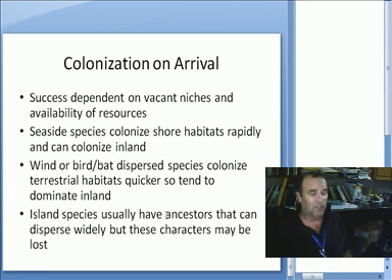Because if you disperse too well, you may be washed out to sea. You may be blown out to sea if you fly too high. So quite often island species specialize in the island by losing the characters which allow them to disperse widely.